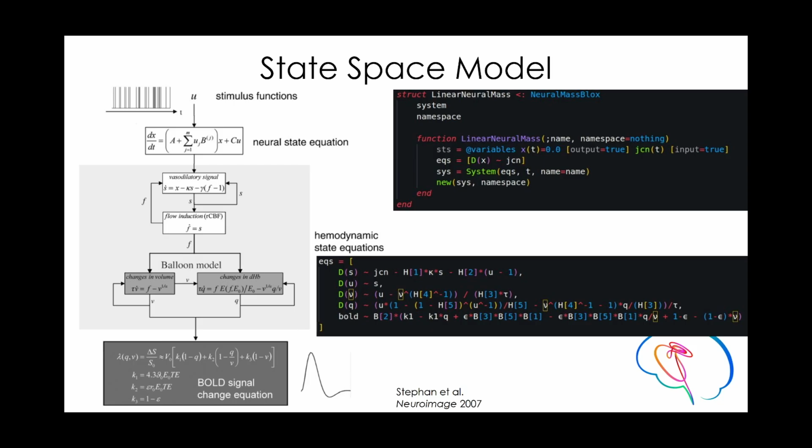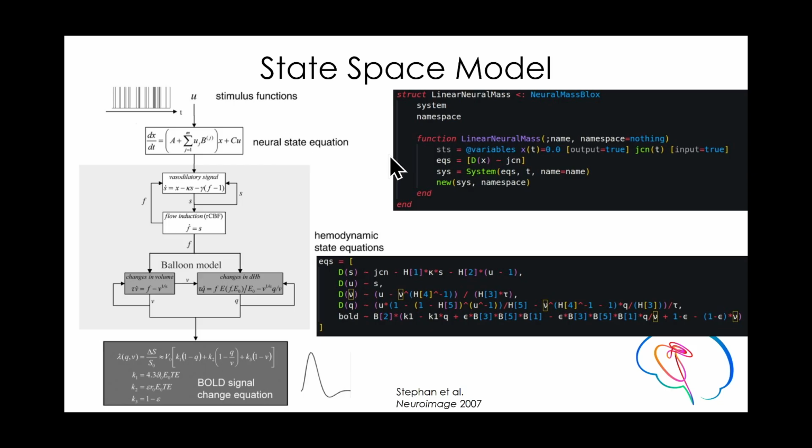Now here I'd like to show you, on the left, how a typical pipeline of DCM works on bold data, and on the right we have the equivalent snippets of code from NeuroBlox itself. So we start from the actual neural dynamics.